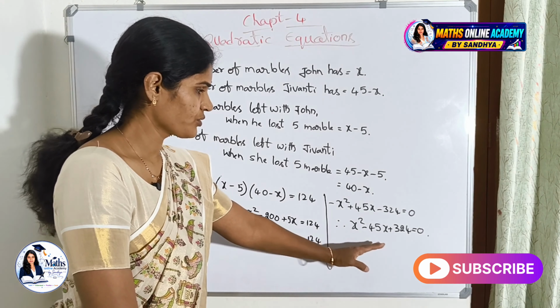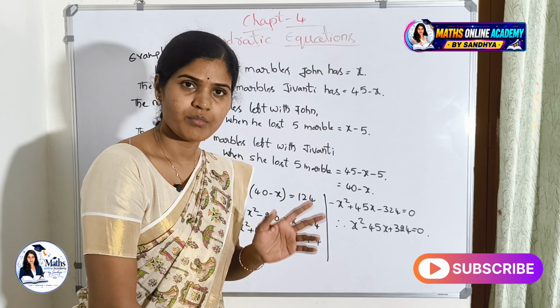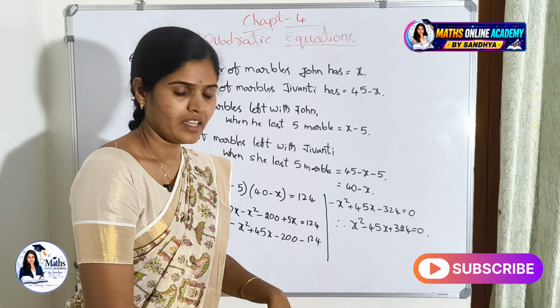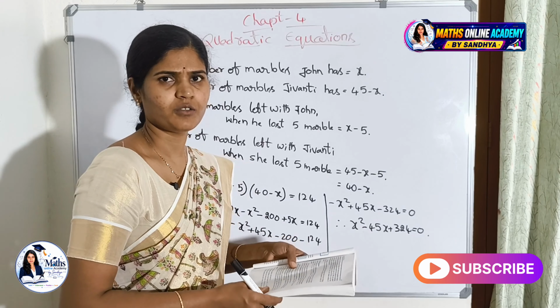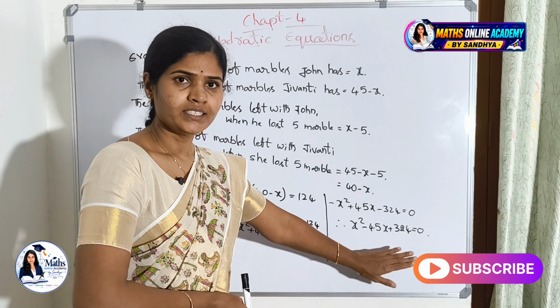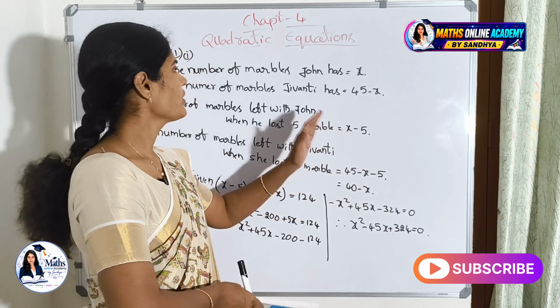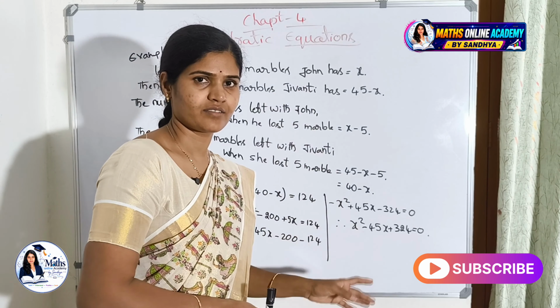If you solve this equation, you get the number of marbles John has and Jivanti has. Here we represent the situation mathematically only. No need to solve. This is the quadratic equation to find how many marbles John has and Jivanti has.